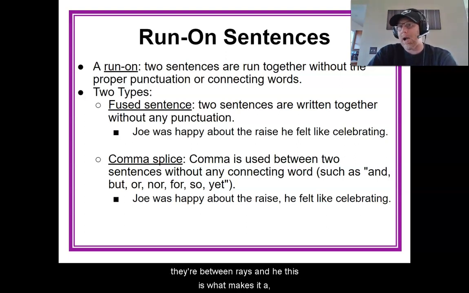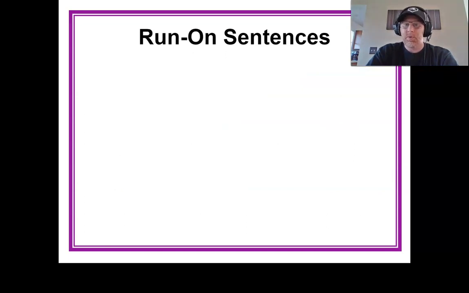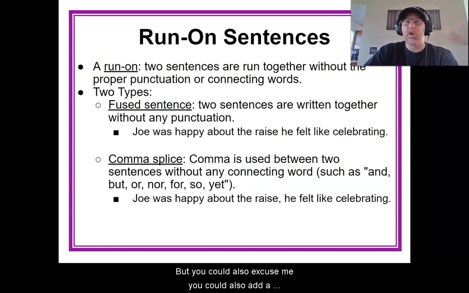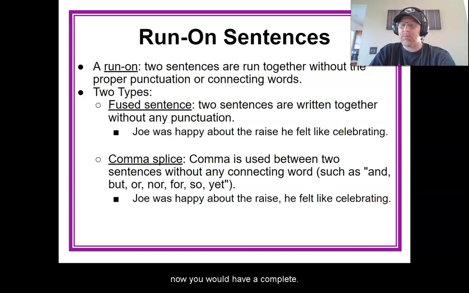This is what makes it a comma splice. That comma doesn't belong. It's still a run-on sentence. You need a period there in order to fix this. But you could also add a coordinating conjunction. So you could say, Joe was happy about the raise, comma, and he felt like celebrating. Now you would have a complete thought.